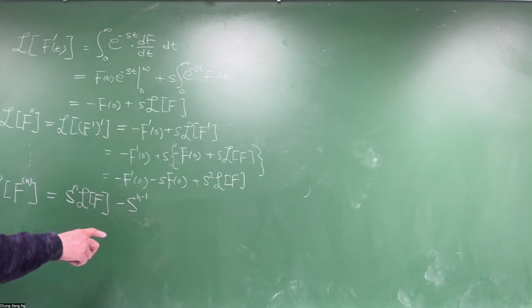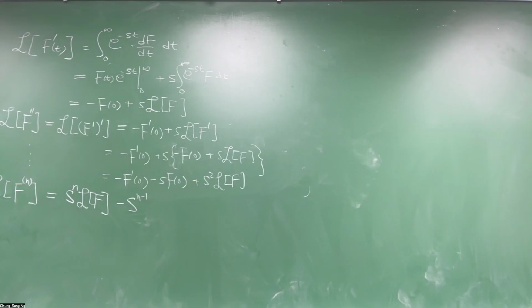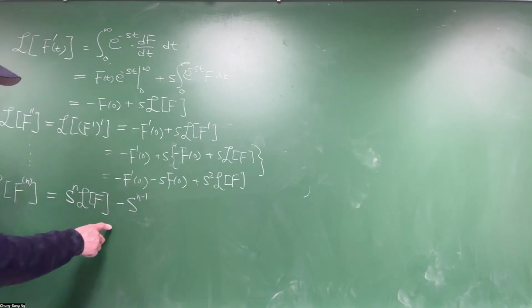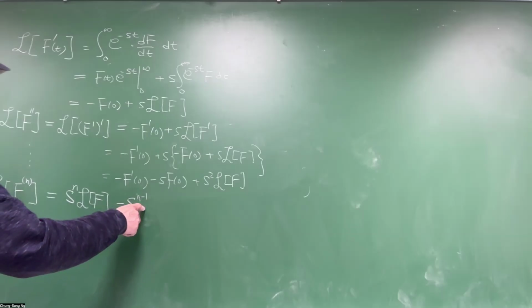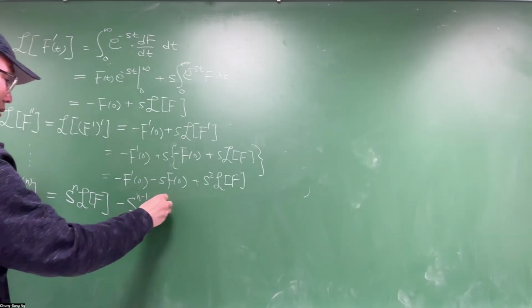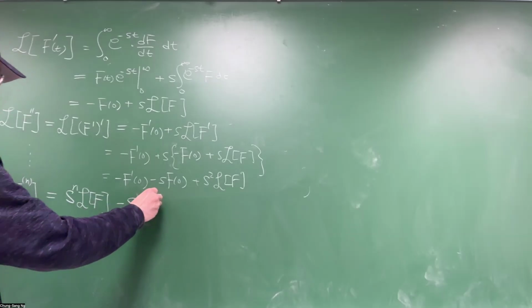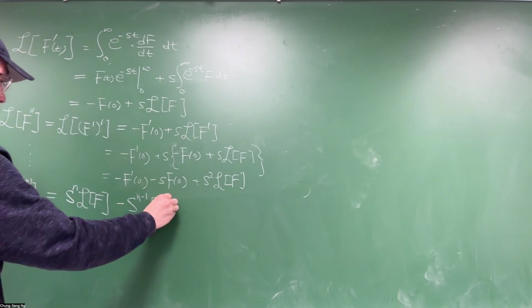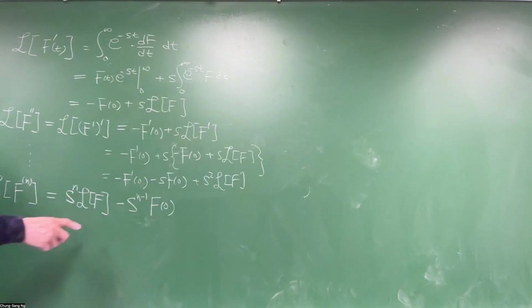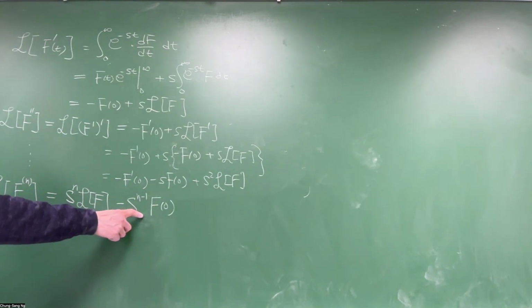I'm just trying to write down, guess the answer first, right? The next order should be f itself. So f itself at 0, because now here consider the dimension again.